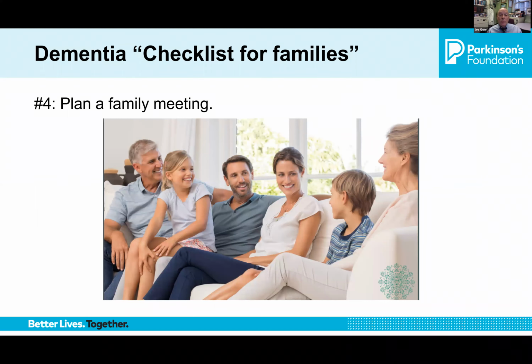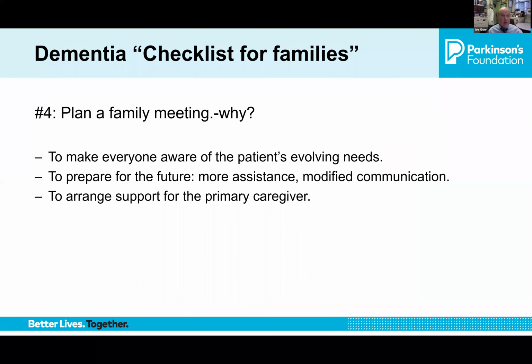All right, so now we're on to the fourth item on this checklist, and that is the helpful recommendation to try to plan a family meeting when you realize that the patient in your family is struggling with significant cognitive impairments or dementia. And the reason is you want to get everybody on the same page to help people become aware of the fact that the patient is going to have increasing needs over time.